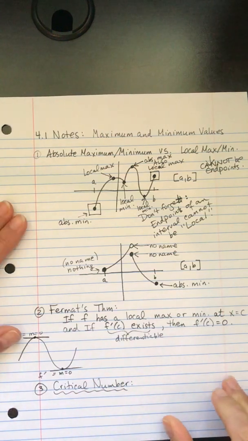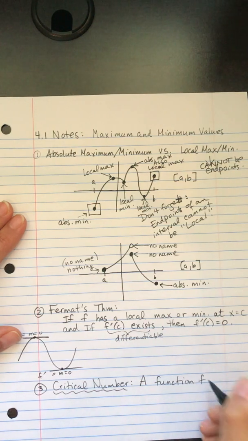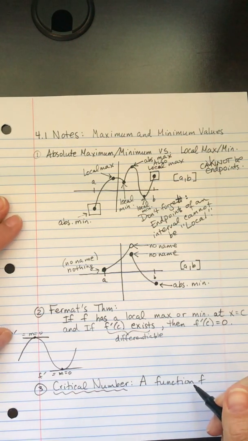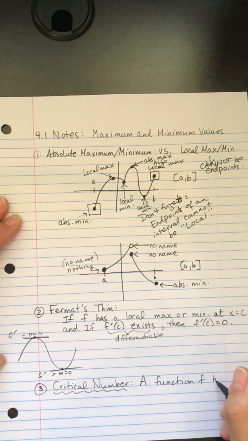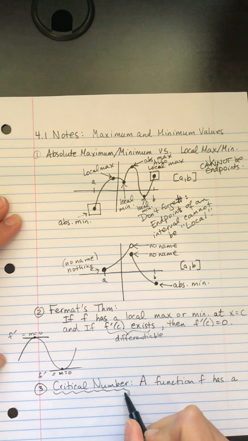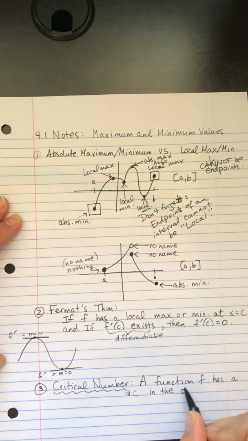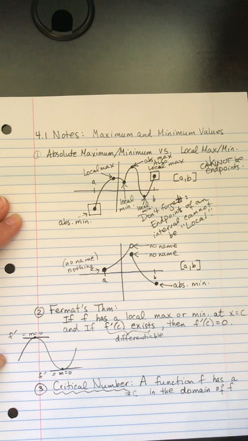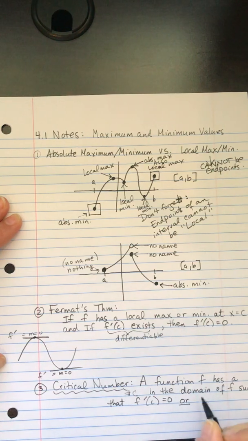A function f has a number c in the domain of f such that f prime of c equals 0 or f prime of c doesn't exist.